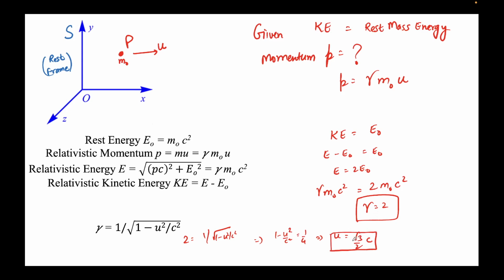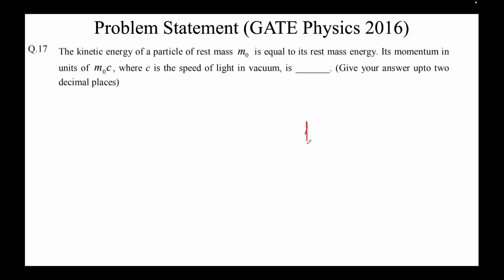So now we have obtained the value of u as well as gamma. Now we'll put this in the expression. We know P equal to gamma m naught u. The value of gamma we found out was 2. The value of u we found out is root 3 by 2 into c. The 2 and 2 get cancelled, so we get the momentum as root 3 m naught c.